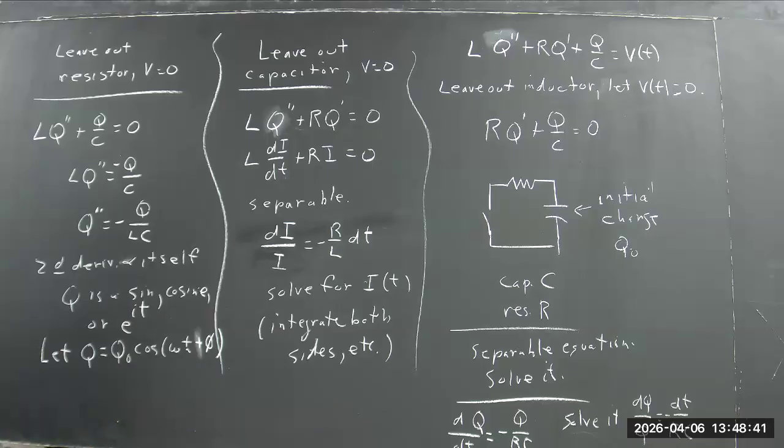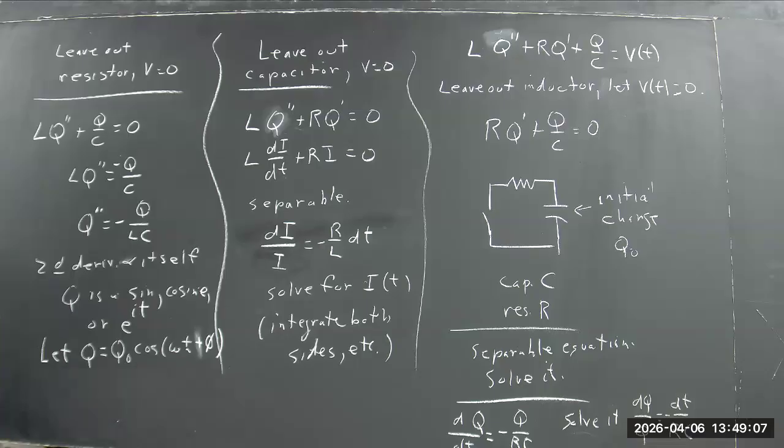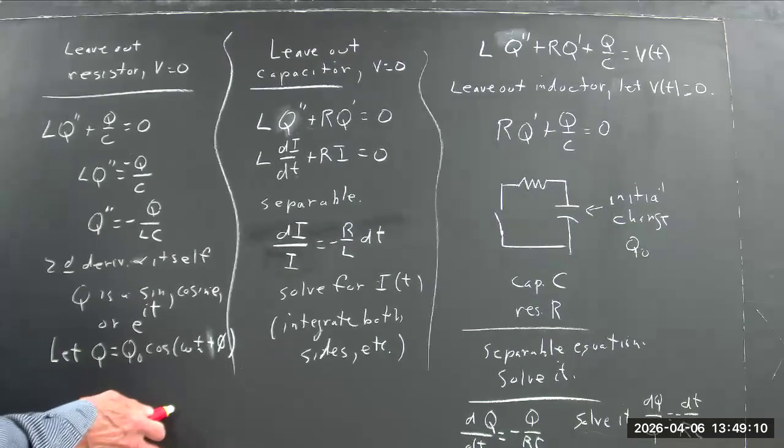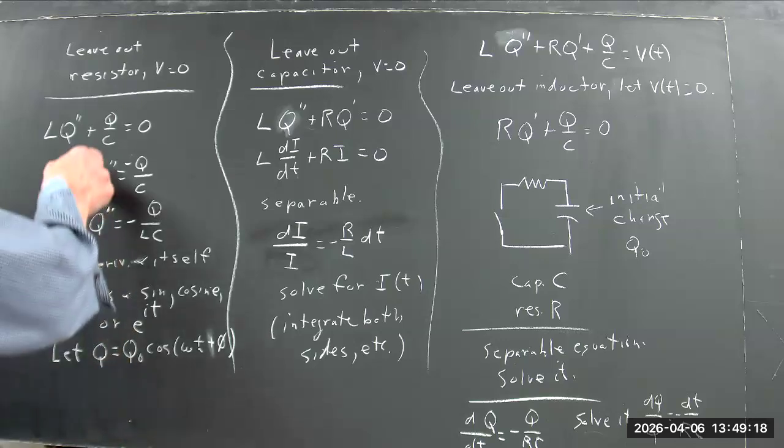You put those together and you get Q naught cosine of omega t plus phi. You have two constants, A and B, coefficients of the cosine and the sine. Put those together, you can combine them into a cosine. A very simple way to do it. Something you should be very familiar with, hopefully are, but not difficult. Do you understand very basic trigonometry of these functions? Okay, so you plug that in and see what you get.